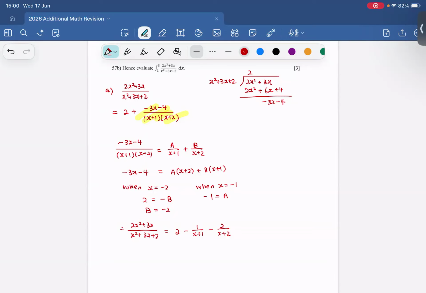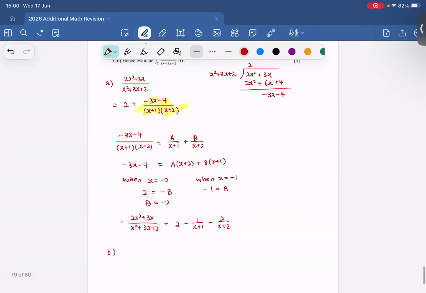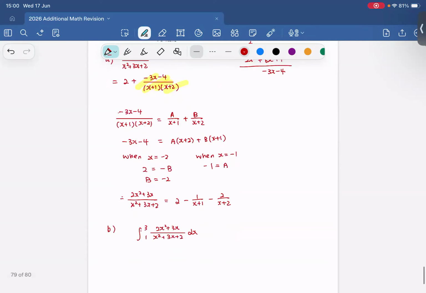Next part, 35b. 35b requires us to integrate from 3 to 1. So this is what you have as the partial fraction already.